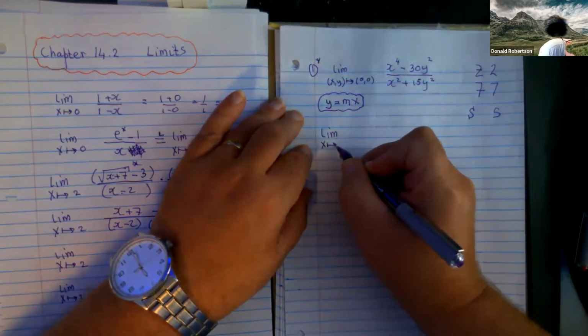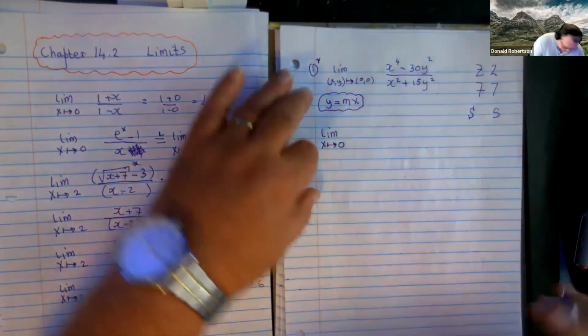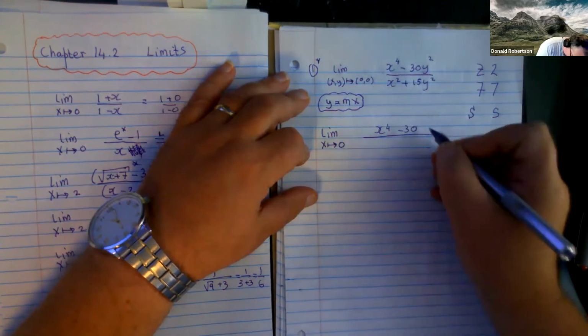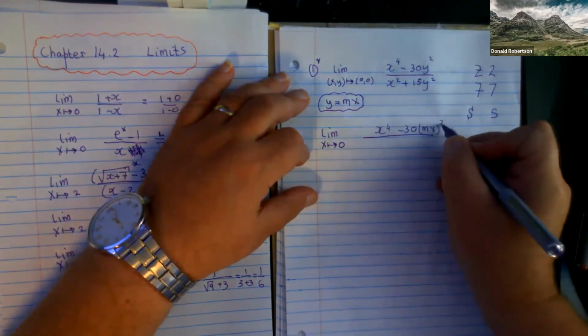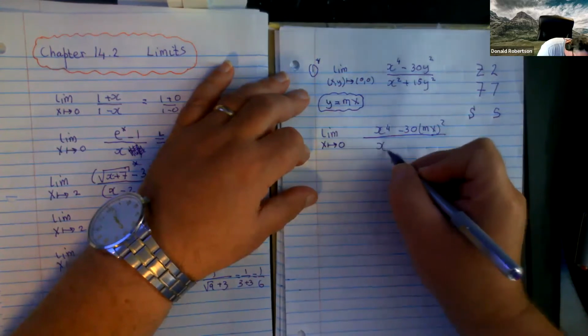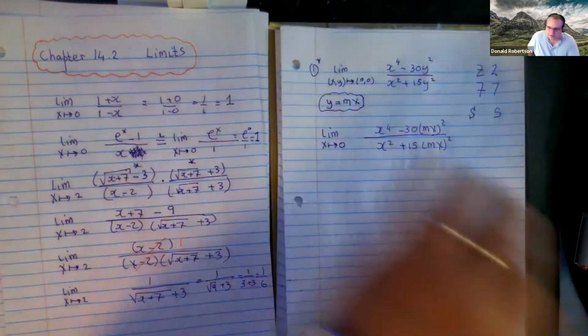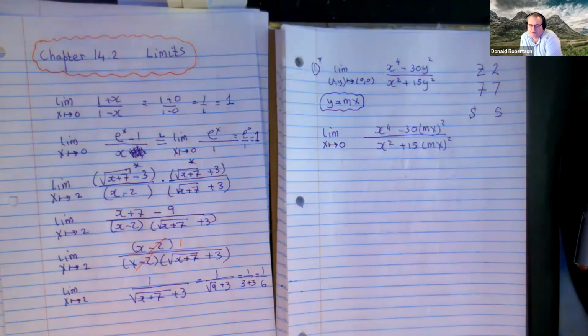It now becomes the limit as x tends to 0 of x to the 4 take away 30 m x squared over x squared plus 15 m x squared. Have you noticed that with this trick we've eliminated a two-variable limit and converted it into an equivalent one-variable limit, x tending to 0? And that's good news, because isn't that the kind of limit we know how to get?